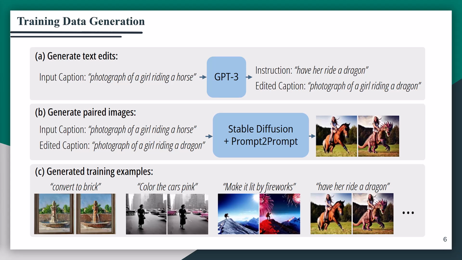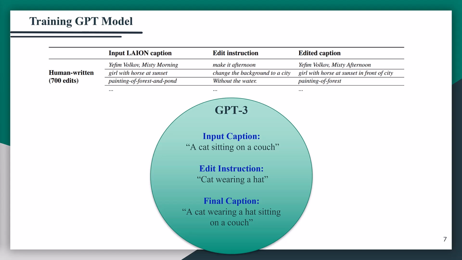They used a fine-tuned GPT-3 to generate instructions and edit captions, then used a Stable Diffusion model in combination with prompt-to-prompt to generate a pair of images from a pair of captions. And finally, the InstructPix2Pix diffusion model is trained on this dataset. I will go into the detail of this process.